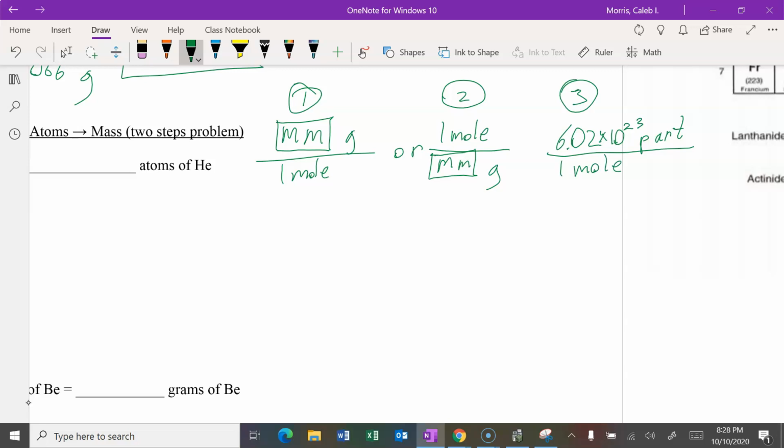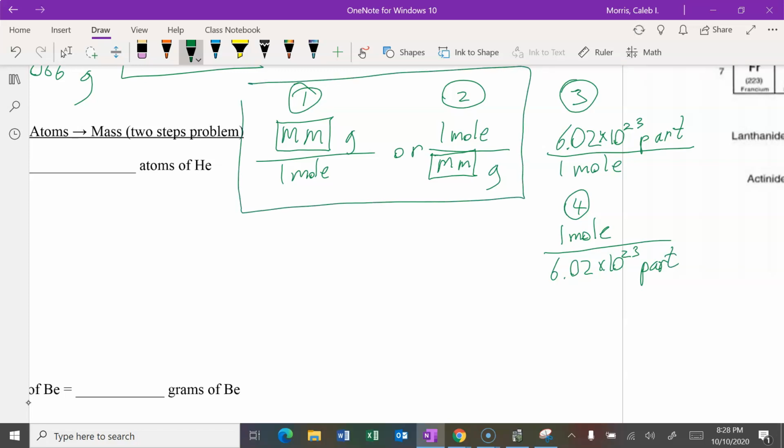Or we could have a fourth option, which would be 1 mole over 6.02 times 10 to the 23rd power particles. So you see we've got 4 different choices. These are a relationship between grams and moles, and these are a relationship between particles and moles. So it really depends on what you're converting from and what you're converting to.